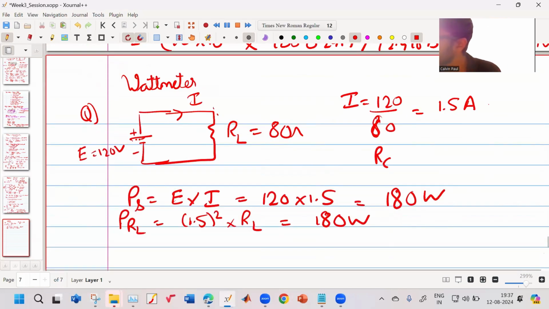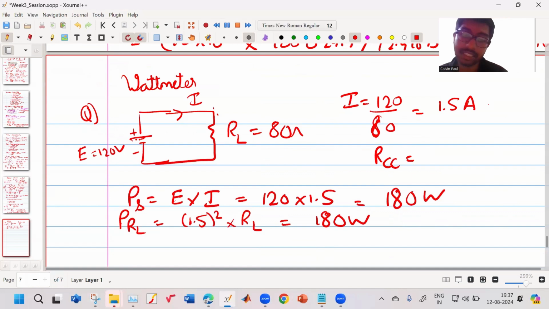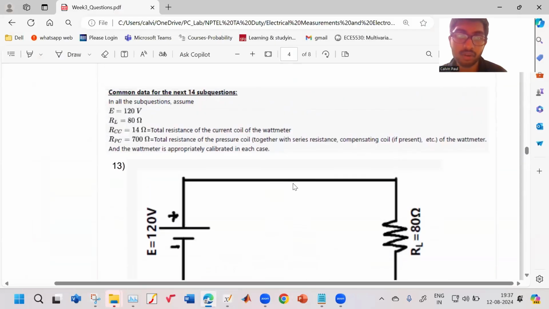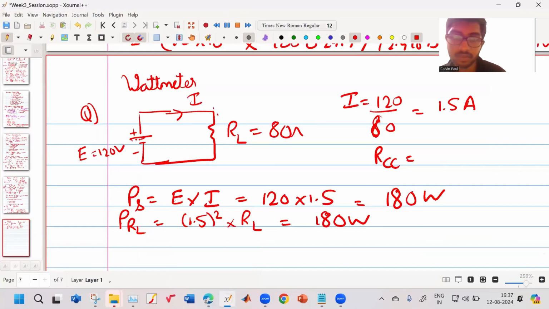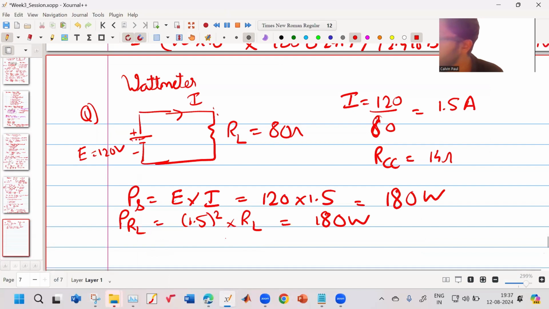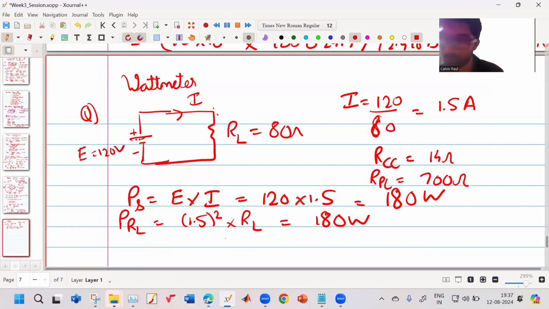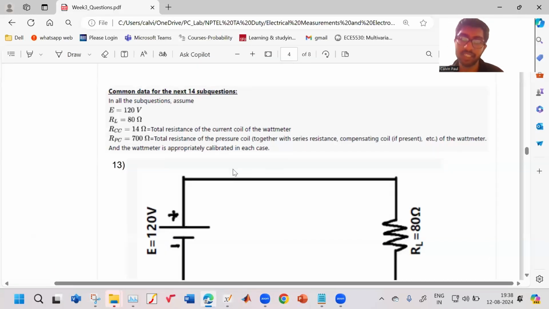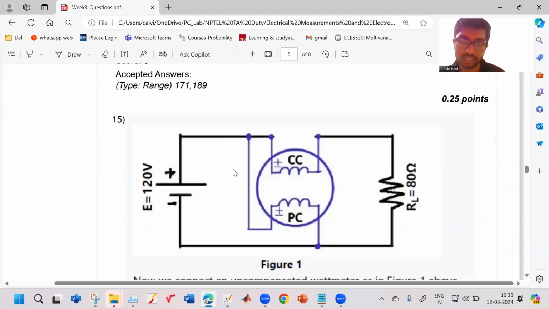But the wattmeter's current coil has a resistance of 14 ohm. And the resistance of the pressure coil is 700 ohm. Okay. These are the non-idealities, the parasitics which are in the circuit. So now there are many sums, but we will consider certain examples.